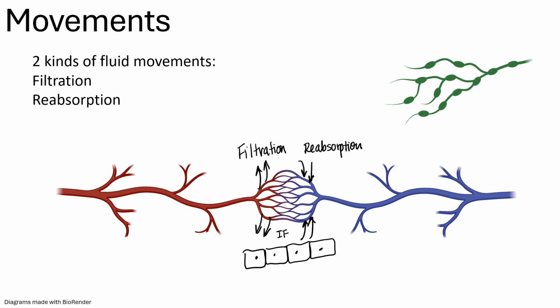Filtration is movement of plasma components, things found in the plasma of whole blood, into interstitial fluids. Filtration pushes water out. Most of the larger solutes stay in, like red blood cells and white blood cells, but most solutes that are small, like glucose and amino acids, escape the capillary by way of filtration. And this process is driven by the hydrostatic pressure of water, right? Filtration is guided or caused by that hydrostatic pressure.